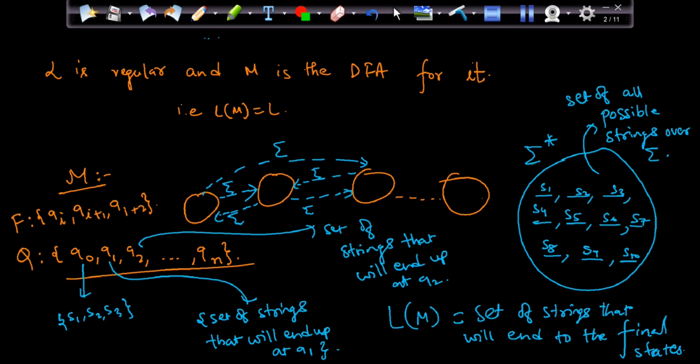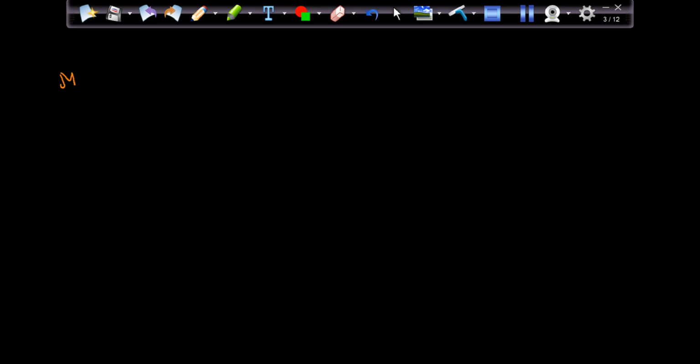There will be a set of strings that will end up at Qi, a set of strings that will end up at Qi plus 1, and a set of strings that will end up at Qi plus 2. So L of M is the set of all those strings that will end up at Qi, Qi plus 1 or Qi plus 2.